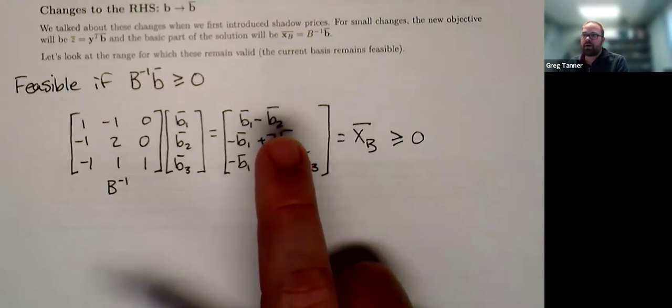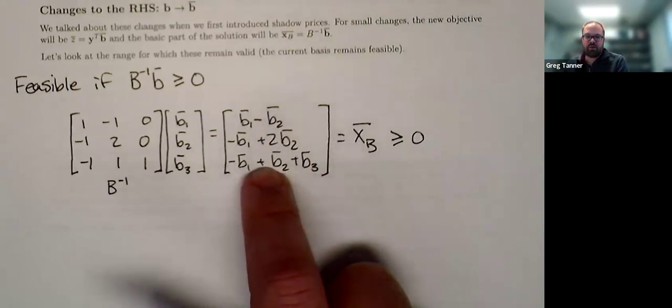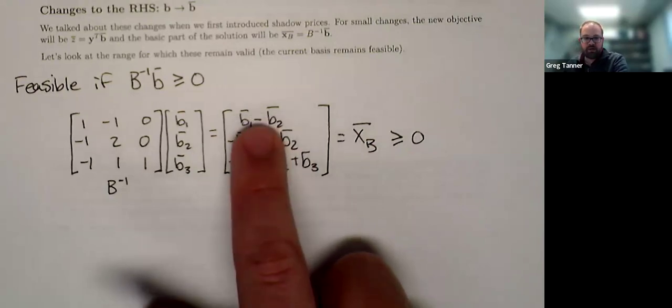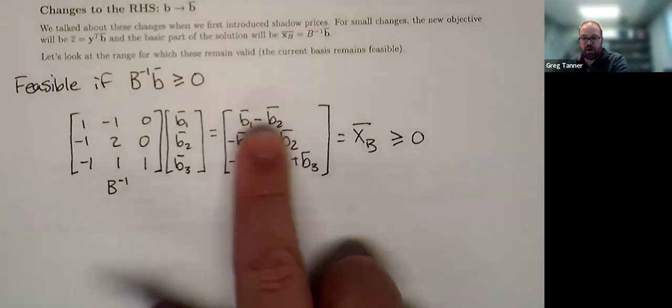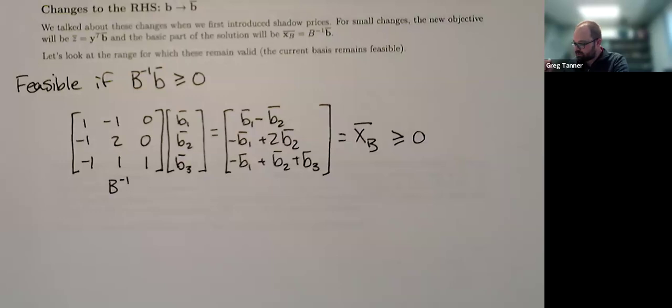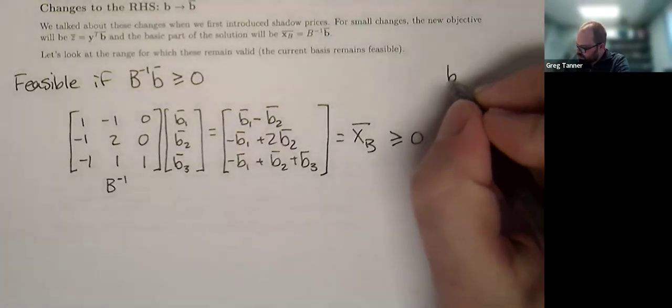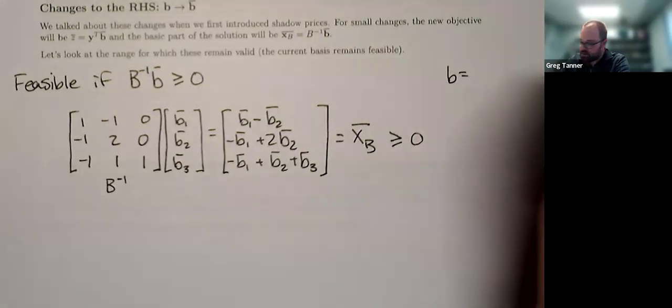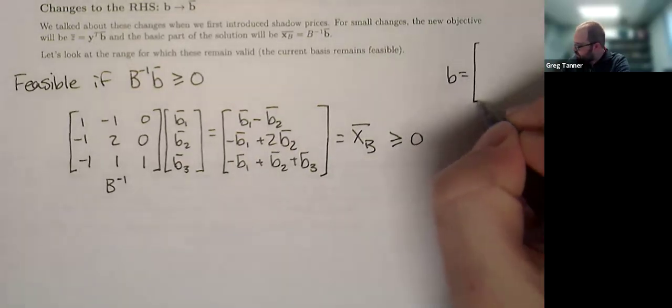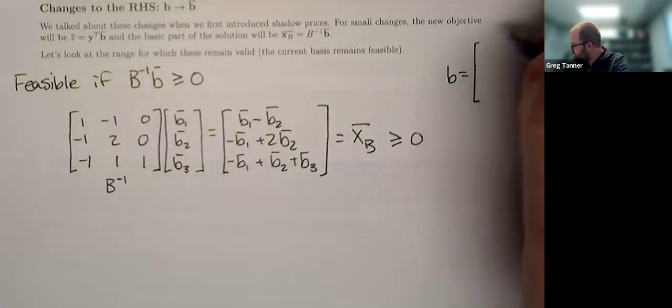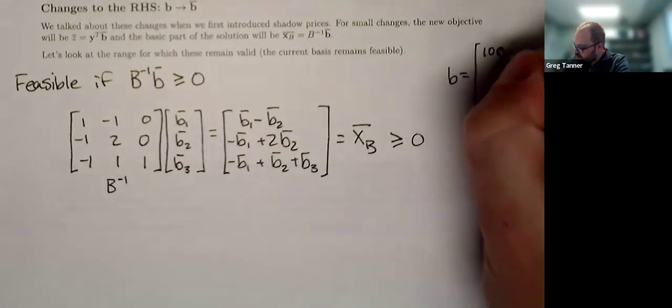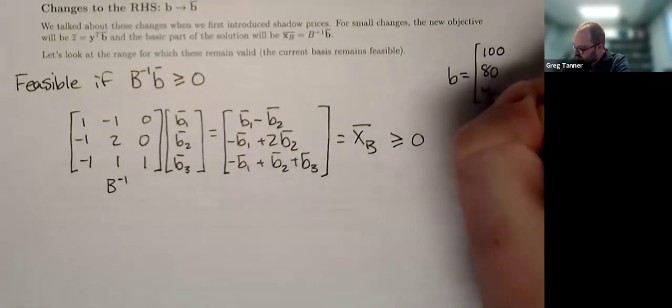But usually the approach is to evaluate the changes one by one. So let's look at changes to B1 while keeping all the others the same. It will be helpful to write down the original values of the B vector. The original values of the B vector were 100, 80, and 40.